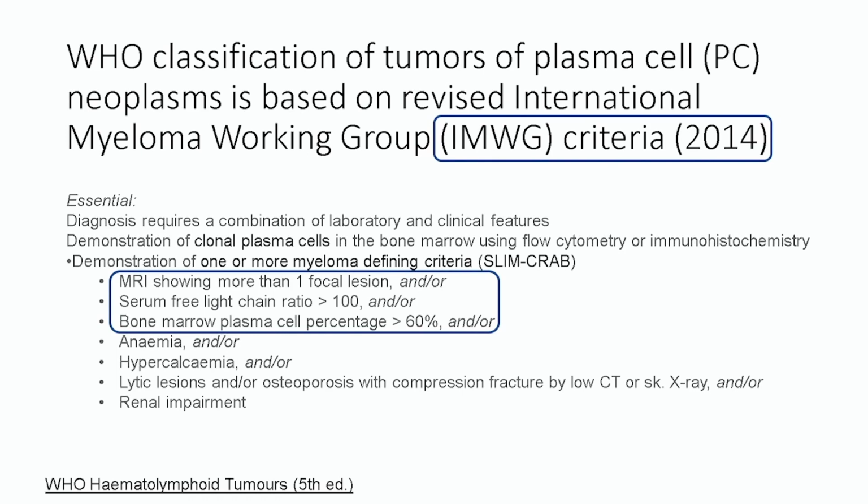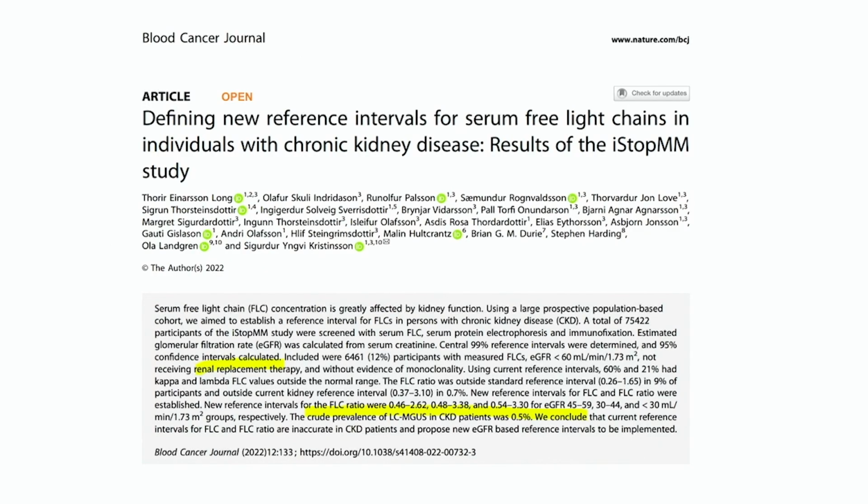some of those patients actually would present with an underlying kidney disease, and the iSTOP multiple myeloma study group, or prospective study, actually came up with a reference range for serum free light chain to adjust for the underlying renal disease.